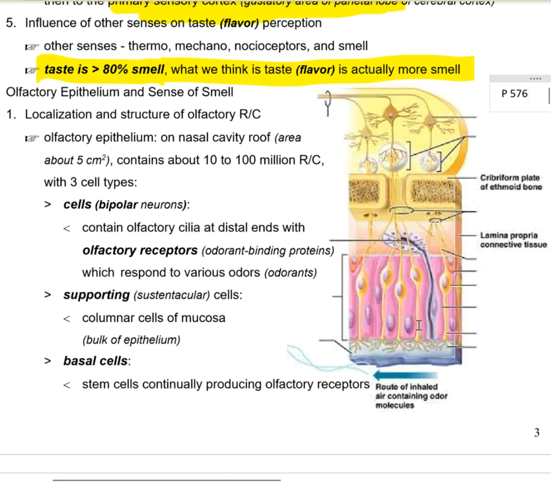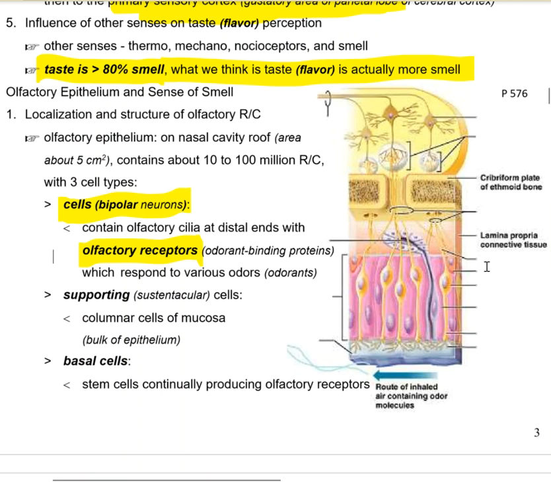Now, notice there are 3 different cell types, and look at what they're called. We have the olfactory receptors, and those are down here at the bottom, all right? And they're bipolar neurons. And those guys are right here in yellow.